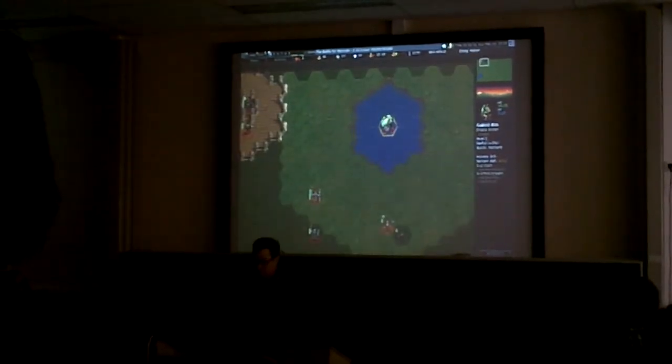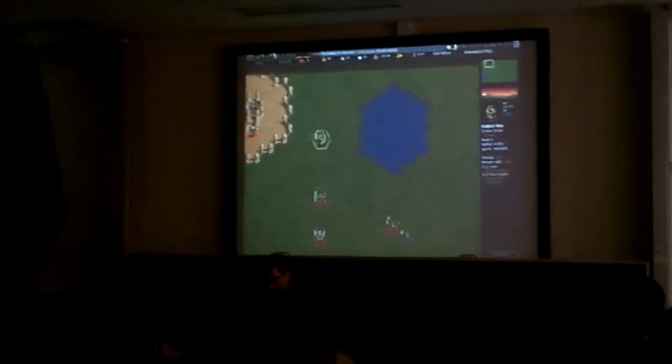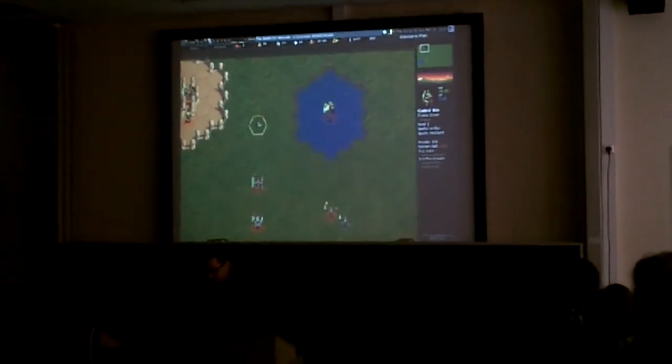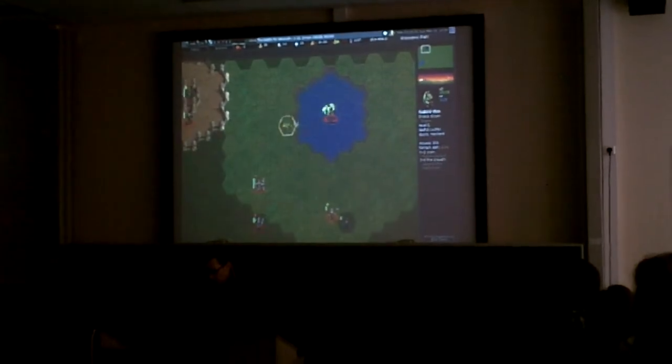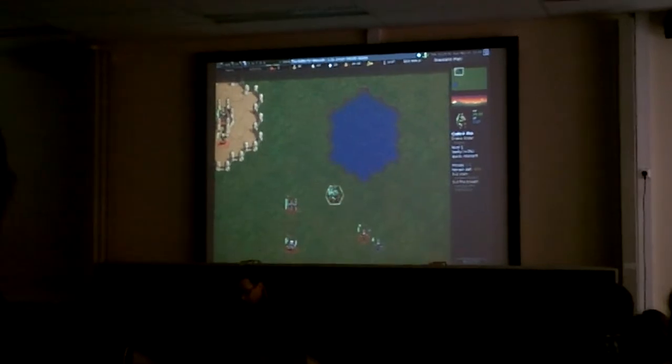Here we have a unit which is flying over water, but if I bring it on the ground, it lands. If I bring it back, it flies back. And if I go ahead and show you, here it lands, lifts off, lands.